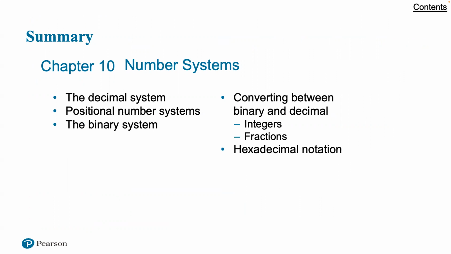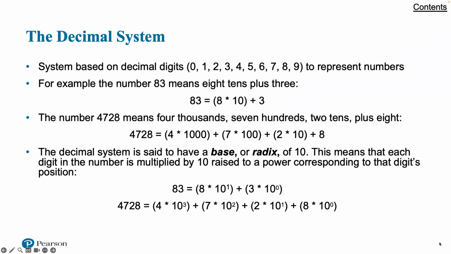We'll talk about the different types of systems: the decimal system, the octal system, the hexadecimal, and the binary system. And then we'll show how we can do the conversions between binary and decimals, and the hexadecimal notation in particular. So hopefully as a result of seeing this material, it'll be a little bit clearer, maybe not seem so difficult to do.